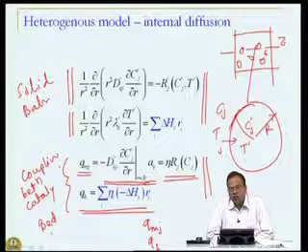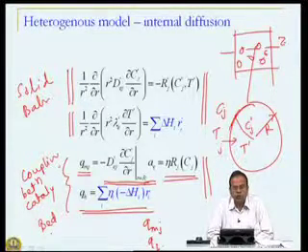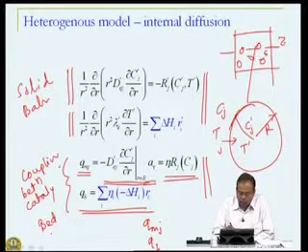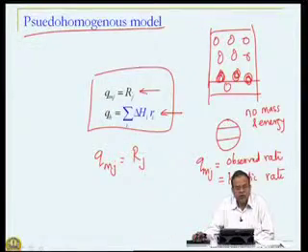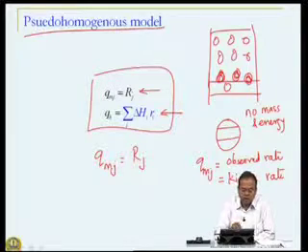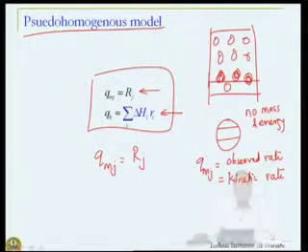And then depending on how we visualize these processes to be taking place, we define QMJ and QH differently. That is, if we say that there are no mass and energy transport limitations, then QMJ and QH are simply reaction rates and rate of heat generation due to reaction.